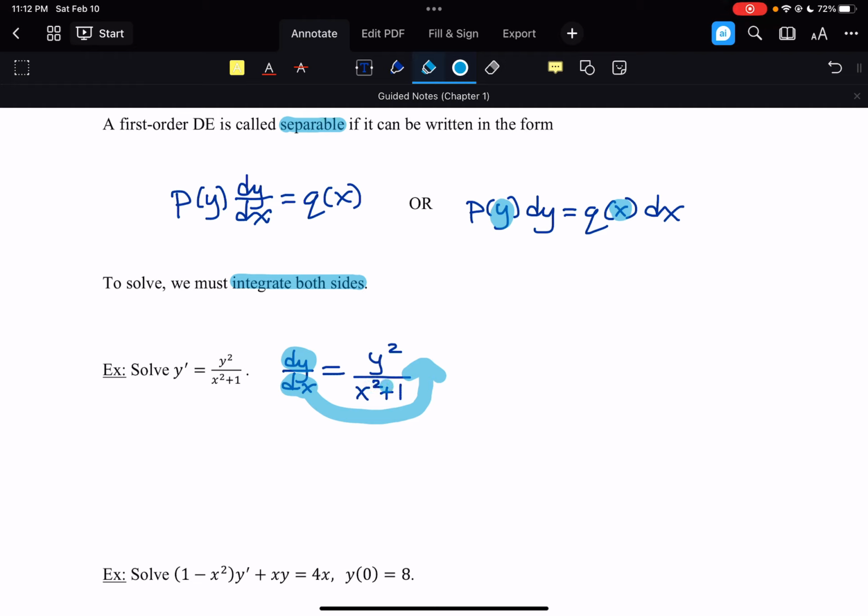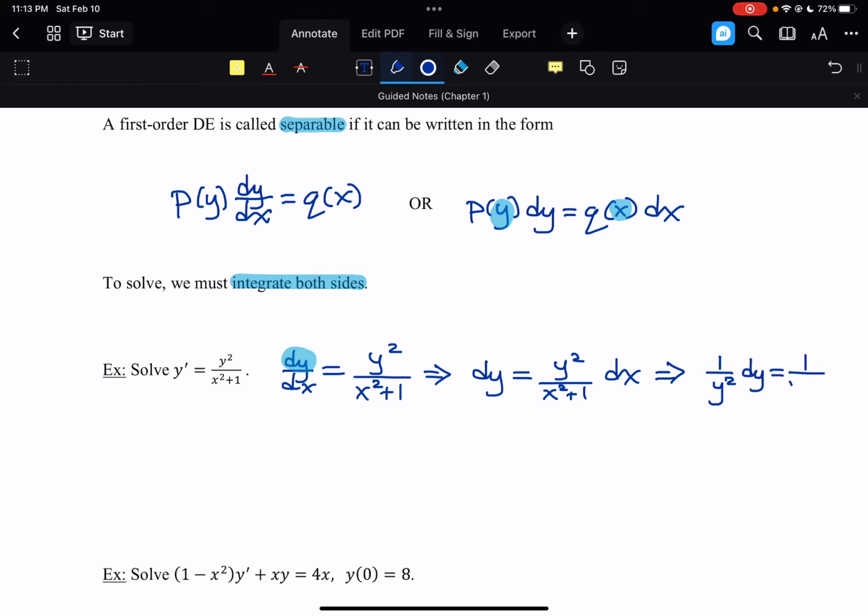So the dy will stay over here, equals y squared over x squared plus 1 dx. But we want this y squared to go to the other side, so we divide it under to the other side. So this is going to be 1 over y squared dy equals 1 over x squared plus 1 dx.